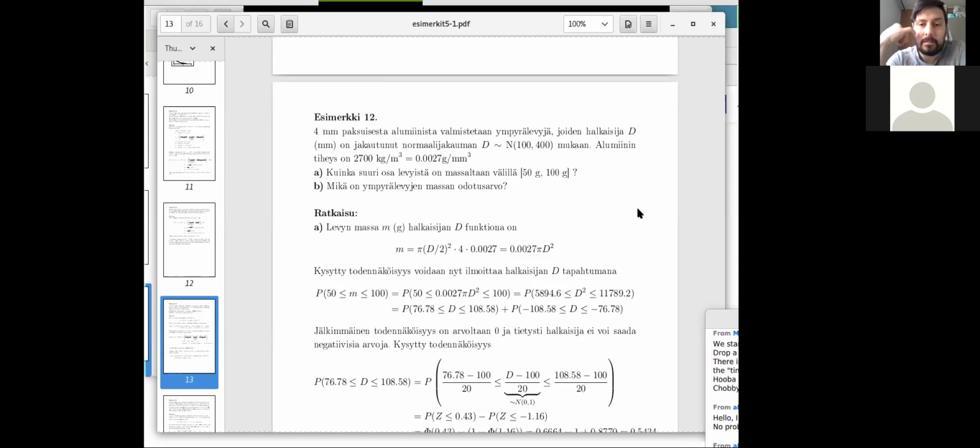So a disk given d has this mass. We need to calculate this in order to get the range where d needs to be.